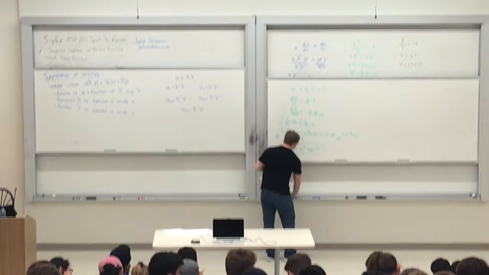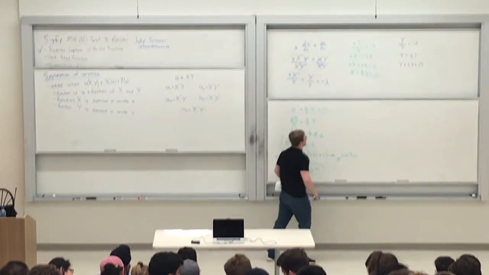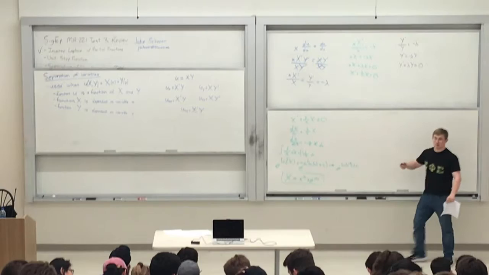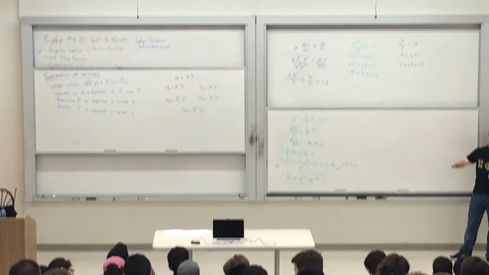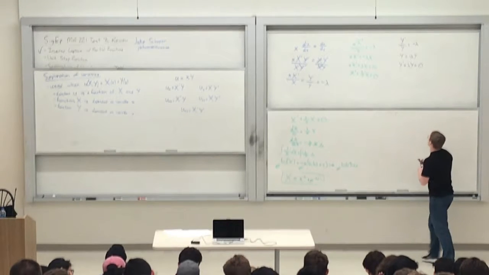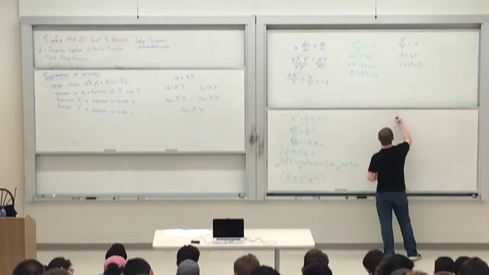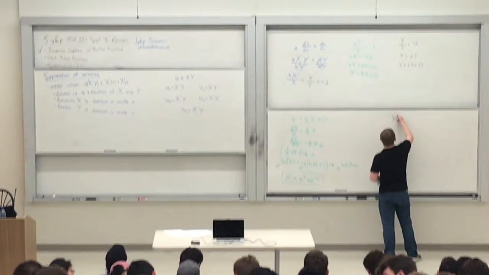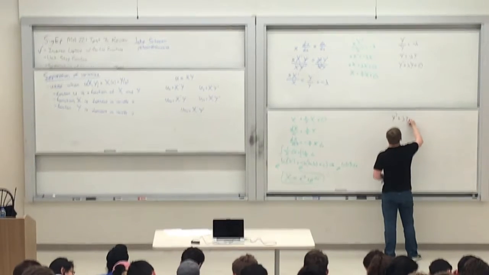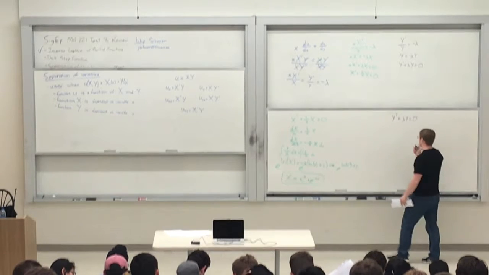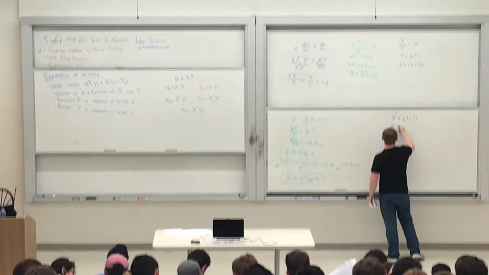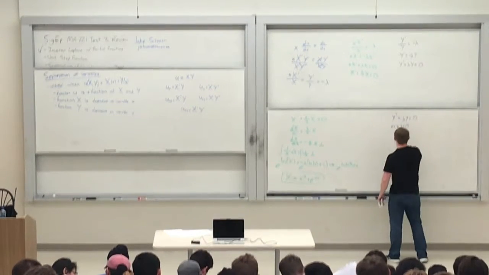Now, we need to figure out capital Y. The nice thing about capital Y is it's going to be much simpler than this. We're not going to have to worry about taking integrals, we're not going to have to worry about fancy stuff like that. Because all we have is y prime plus lambda y is equal to 0. We set up our auxiliary equation of m plus lambda is equal to 0.